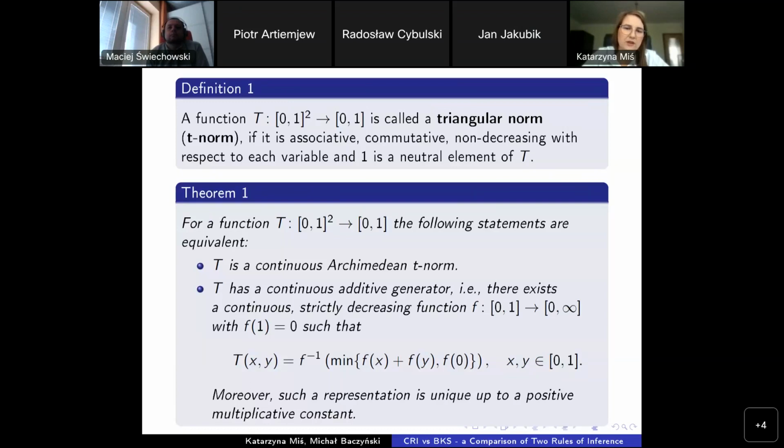So if we have a t-norm which is continuous and Archimedean, then it has such a characterization that it could be given by such formula, where f is a generator of this function, and this is a continuous and strictly decreasing function with some border condition, as we can see here, that f of 1 is 0. Then any continuous Archimedean t-norm can be given by such formula.